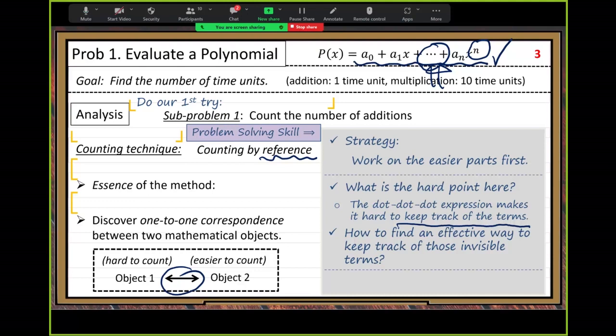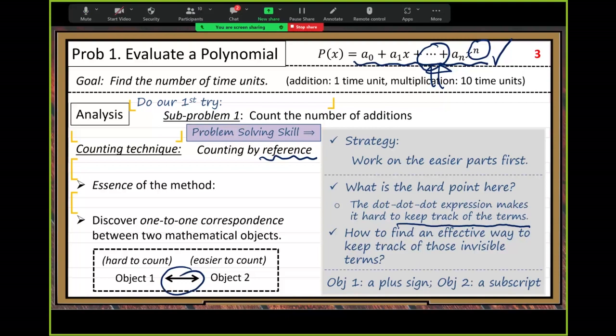It's a little abstract, so let me use this polynomial as a concrete example. Object 1 is a plus sign; each plus sign is an object 1. Object 2 is a subscript.